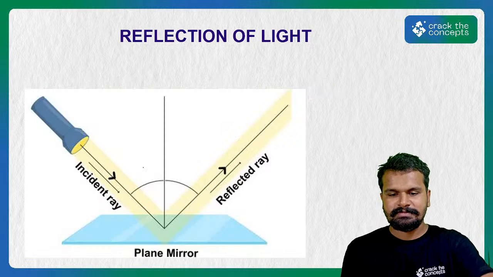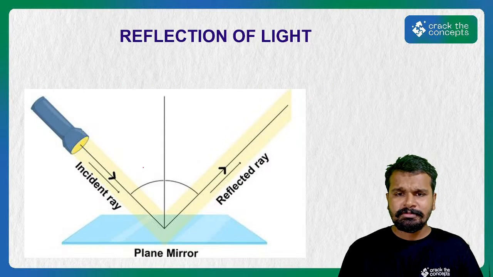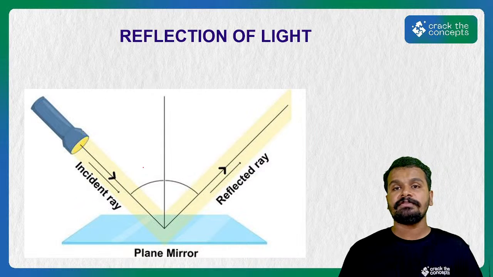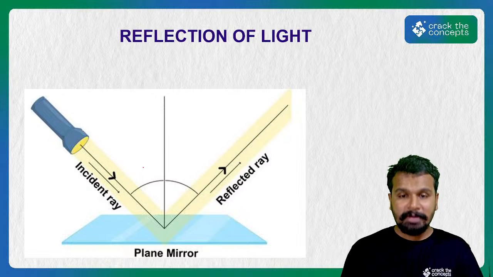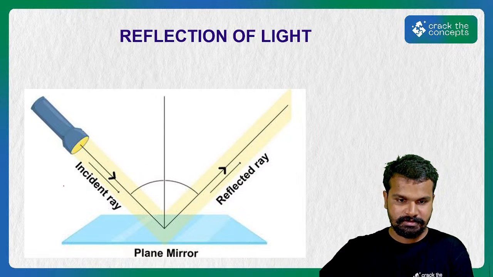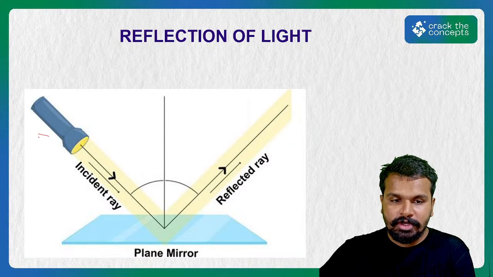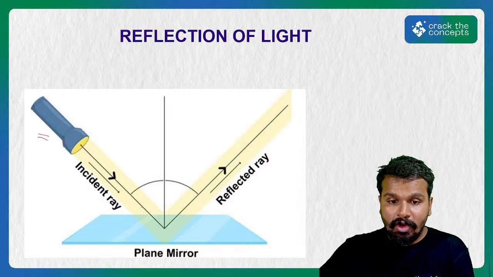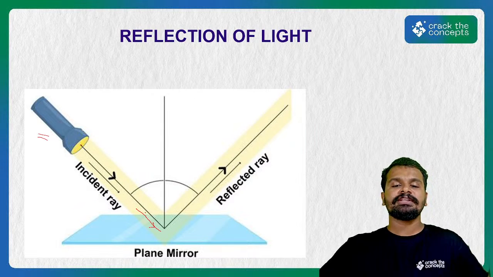Now next we are going to learn some terminologies based on reflection of light. There are some terms which we have to keep in mind, and you might already be familiar with these terms. When I switch on the torch, the light rays go and get incident on the glass surface.